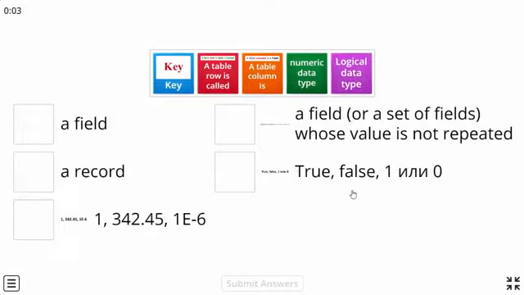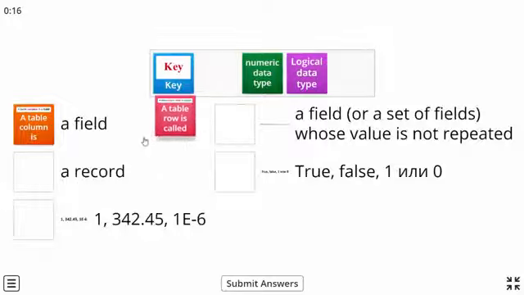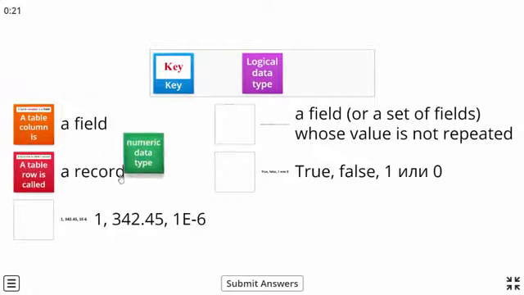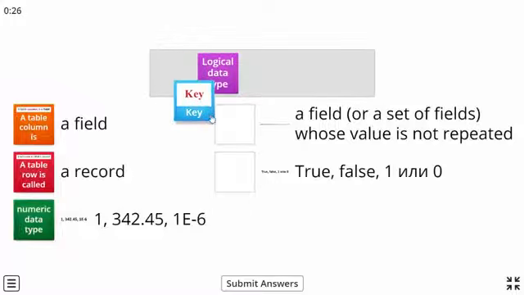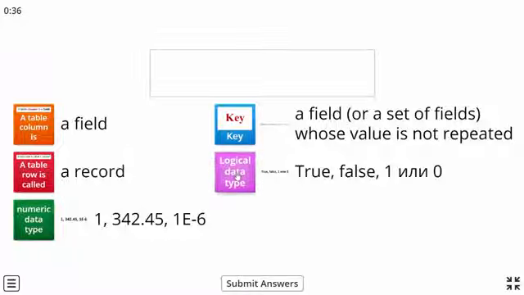A table column is a field. A table row is called a record. Key: a field or a set of fields whose value is not repeated. Logical data type: true, false, 1 or 0.